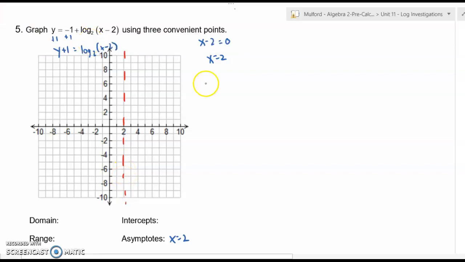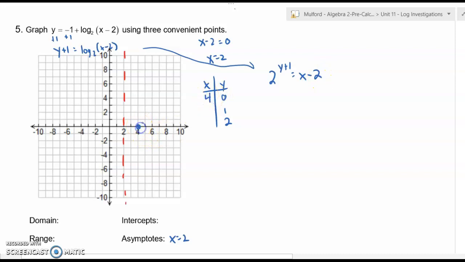Then I'm going to set up my xy table. I've got a function now. I'm going to write it over here since we have the room. 2 to the y plus 1 equals x minus 2. I'm still going to use 0, 1, and 2 because they seem like the easiest points to pick. So plugging 0 in, I'm going to have 2 to the 1, so that's 2, equals x minus 2, so that's 4.